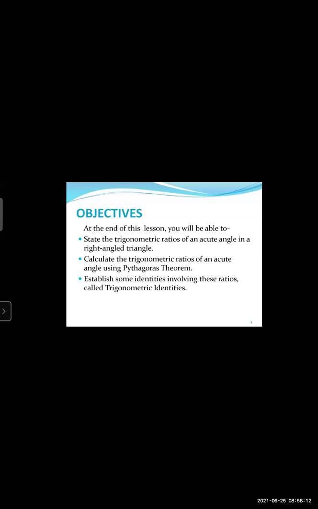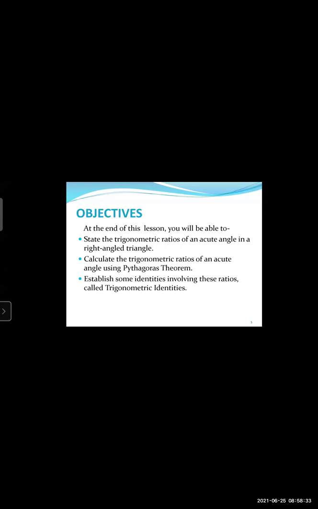Students, in a right angle triangle, one angle is 90 degrees, and the sum of the remaining two angles is always a right angle, so both are acute angles. So you can easily find the trigonometric ratios of the acute angle. Calculate the trigonometric ratio of an acute angle by using the Pythagoras theorem.